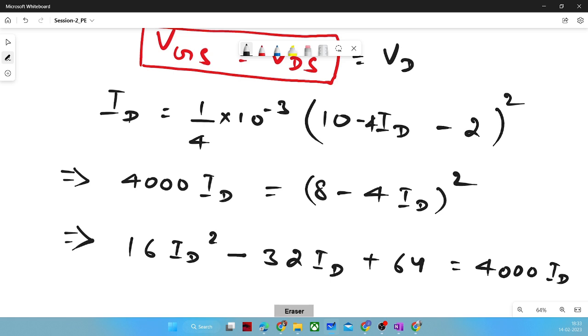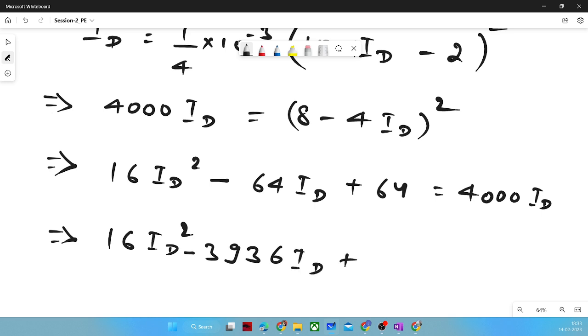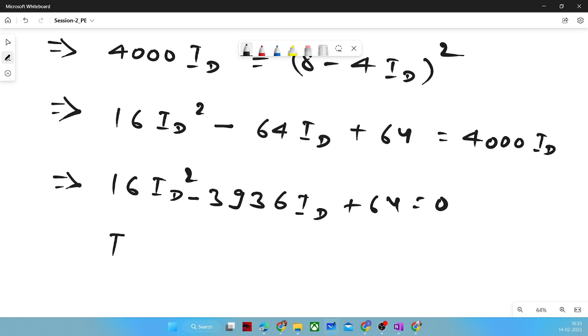Yeah, that is minus 64 ID, you are correct. So it becomes 16 ID square minus 1000 minus 966 ID plus 64 is equal to 0, and if you solve this quadratic equation, you will get two values of this current.